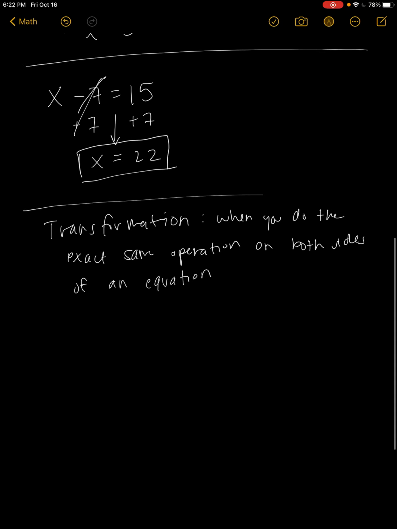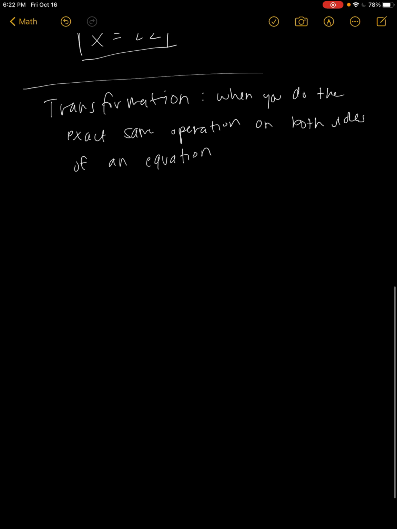Okay, so this is one of those where I'm going to just use numbers, not variables yet, to explain this. Right, so let's say I have 7 equals 7. I mean, obviously we know that's correct, but I'm doing this for example's sake.